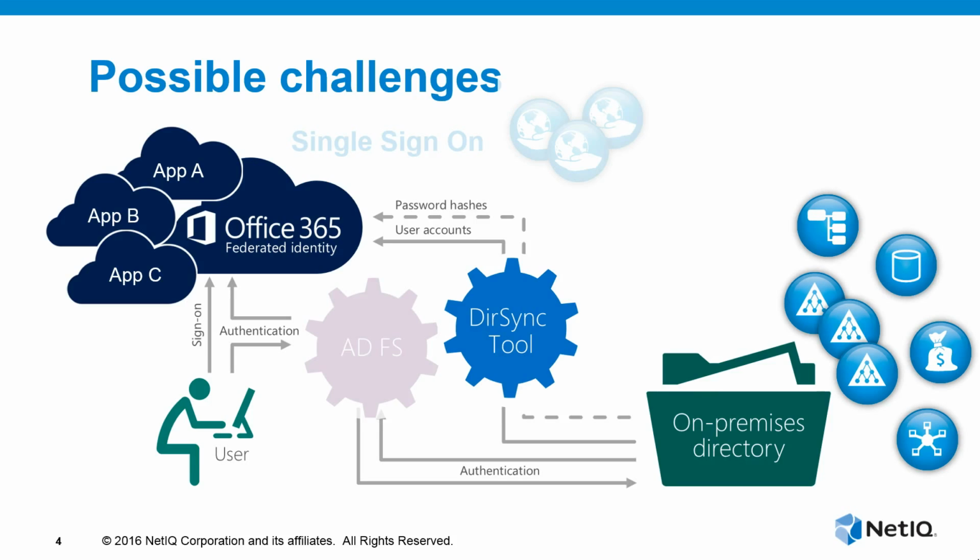Yet all these identity stores might need access to Office 365, specifically for sharing documents with your students, your patients, your partners. It is relevant that they have an account in the Office 365 environment. Now, DirSync isn't able to do that from just any LDAP or database.